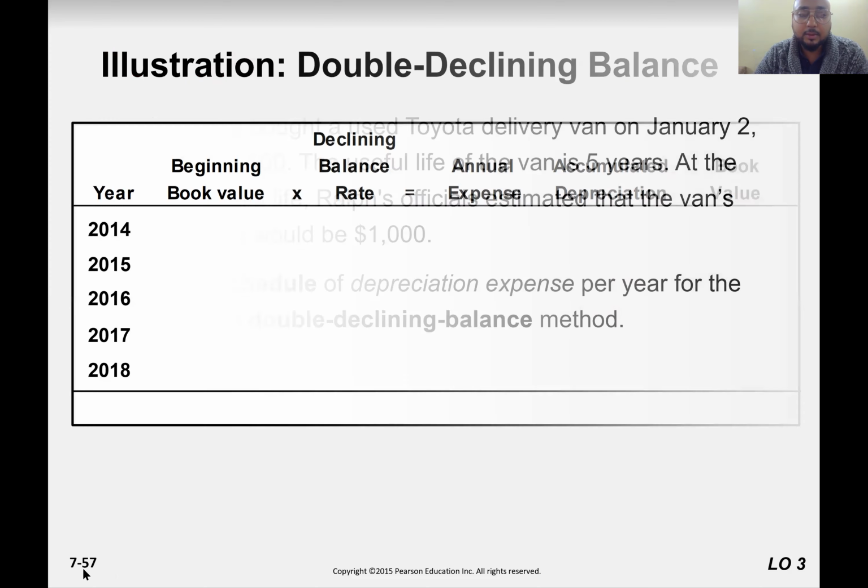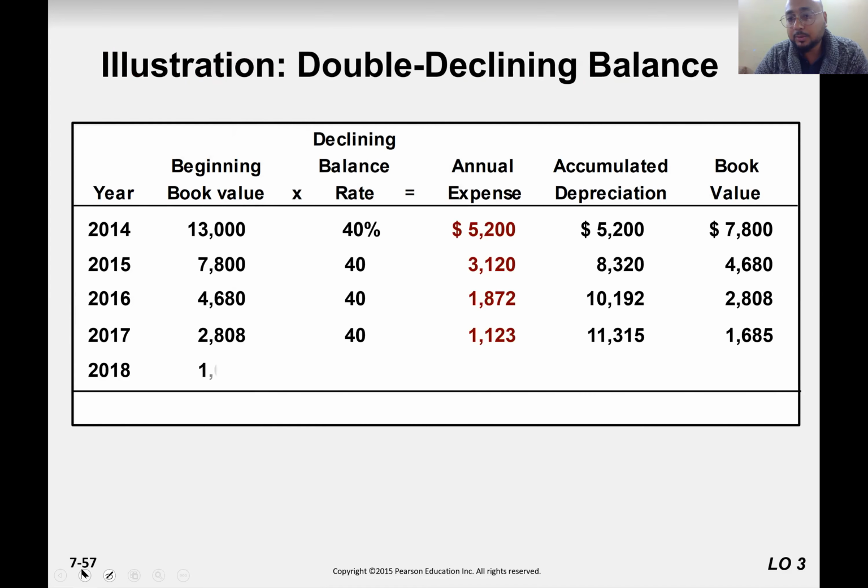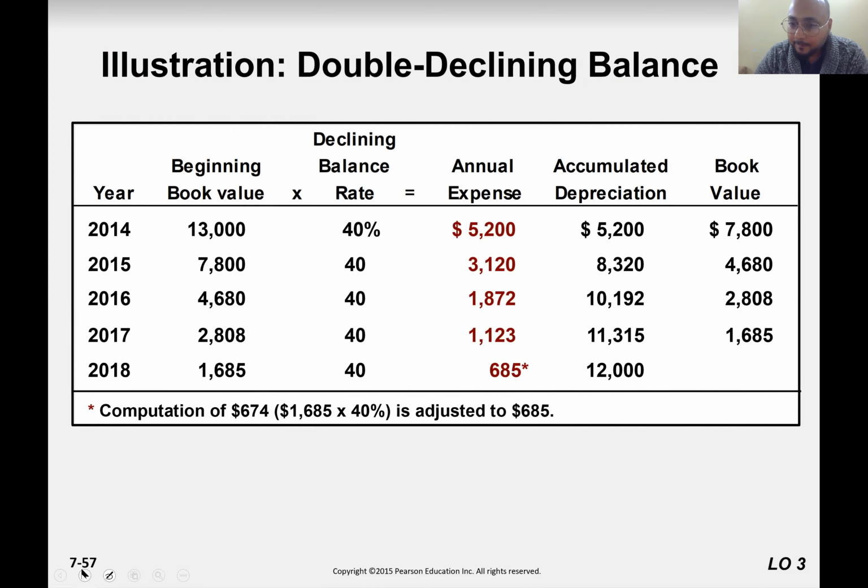So you see here, 13,000 multiplied by 40%, here we go. Right, and at the end of the year, the book value must be equal to 1,000, right? And if you multiply 40% of 1685, it would be a bigger number.